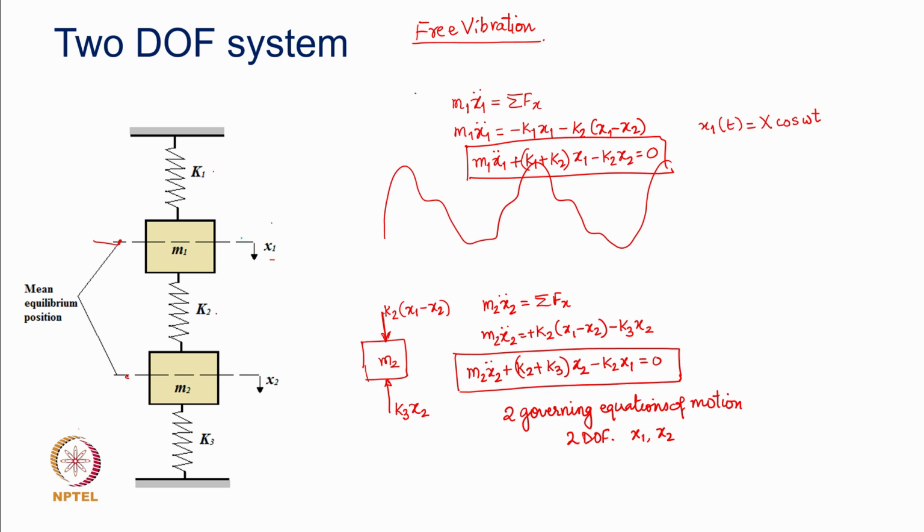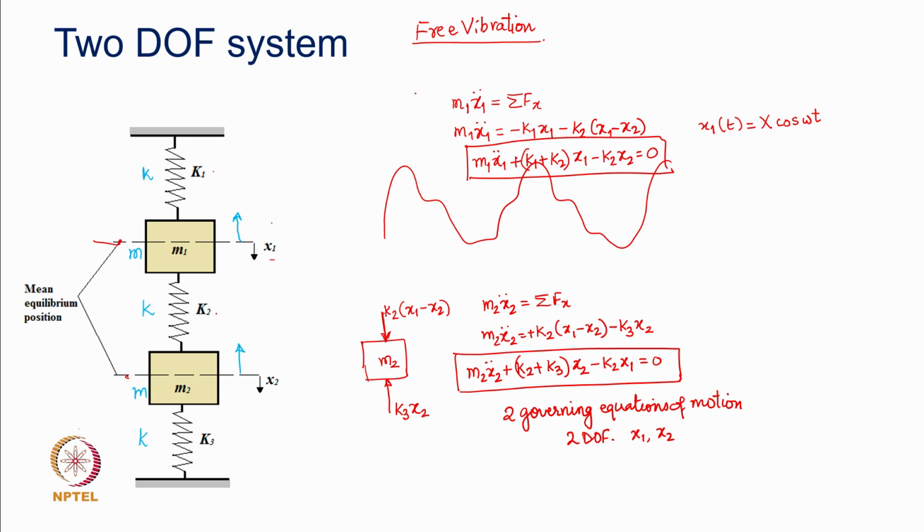If I push this mass and this mass together, same distance, okay, and for a hypothetical case that this stiffness is k, this stiffness is k, this stiffness is k, this mass is m and this mass is m, that means their numeric values are such that all the springs are identical, all the masses are identical.